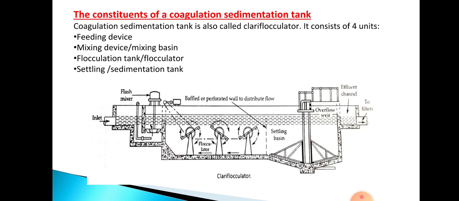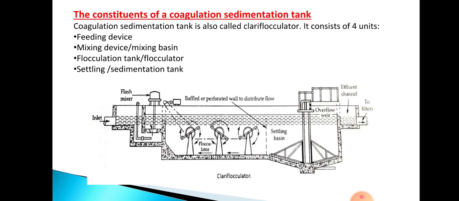We know that coagulant is added into the system by means of the feeding device. It may be added either in a dry form or in a solution form. Alum or any other coagulant can be added in the powdered form, or it can be mixed with water and added in the form of a solution. After this is added, it has to be mixed or agitated in the mixing basin, and then the flock will be formed.